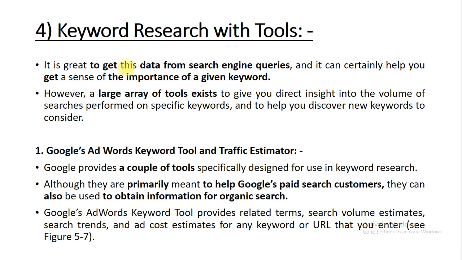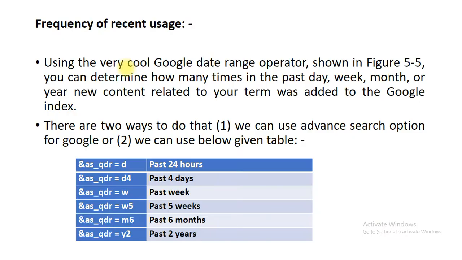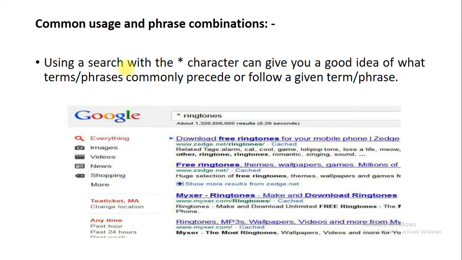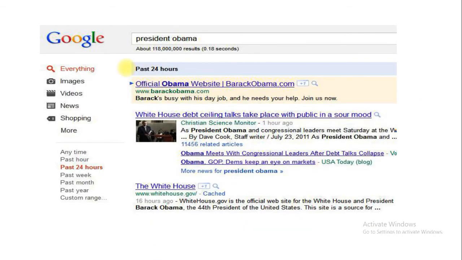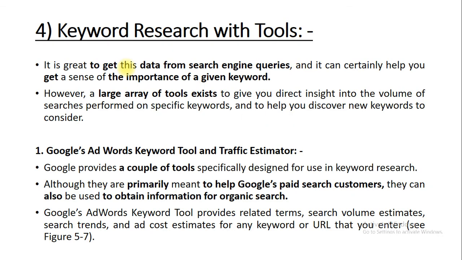Now we are starting with the points related with the keyword research tool, which contains all the points that each and every search engine contains: common use, key phrases or frequency of recent usage, block count. These facilities have been given for any of the tools.